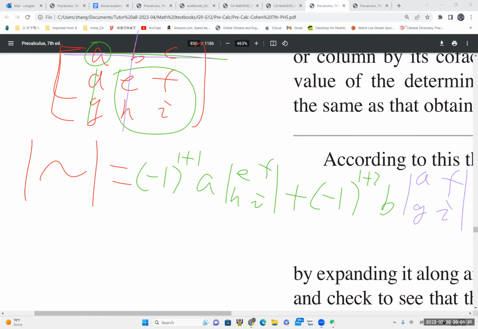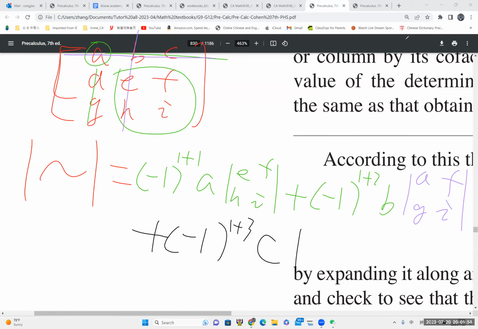Then finally for C, plus negative one. C's place is first row, third column, right?